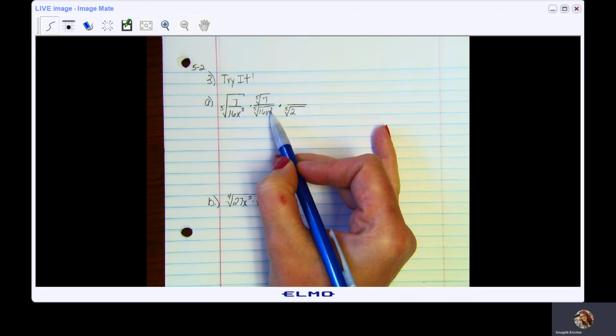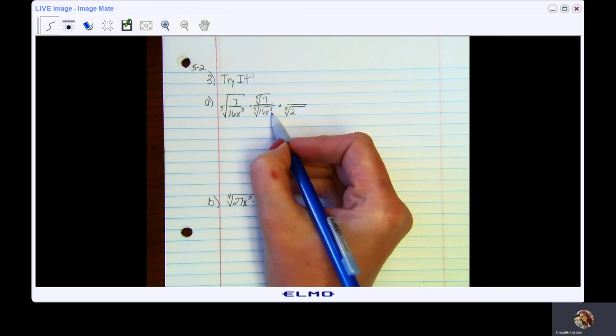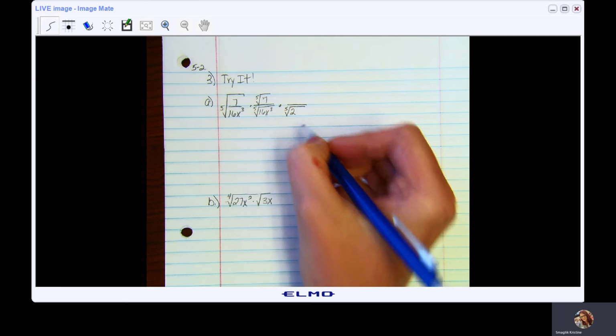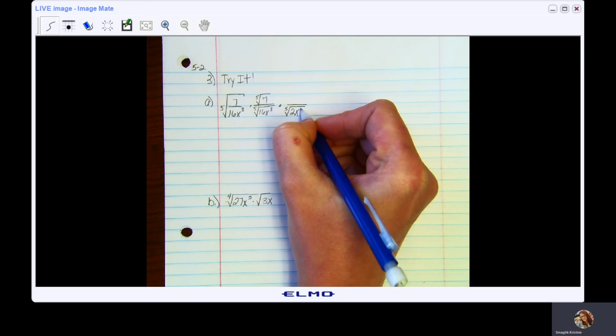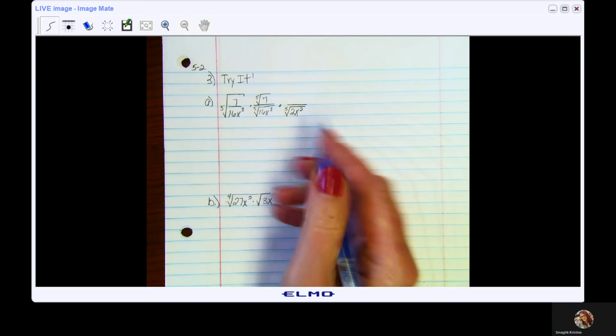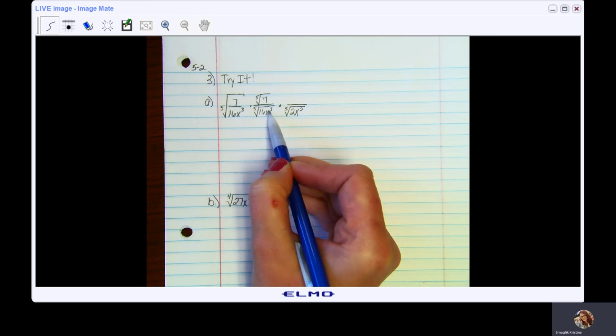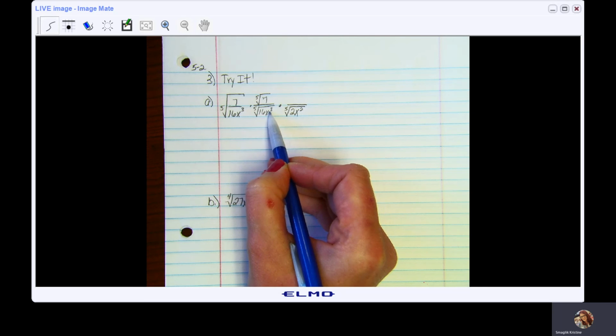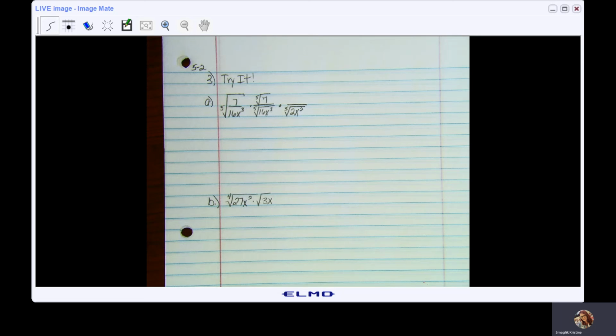And now here I have x to the 3rd, but in order for this to be a perfect 5th root, it needs to be x to the 5th. Well, I am x squared shy. Remember, when you multiply same bases, you add the exponents. So I need an exponent of 2.